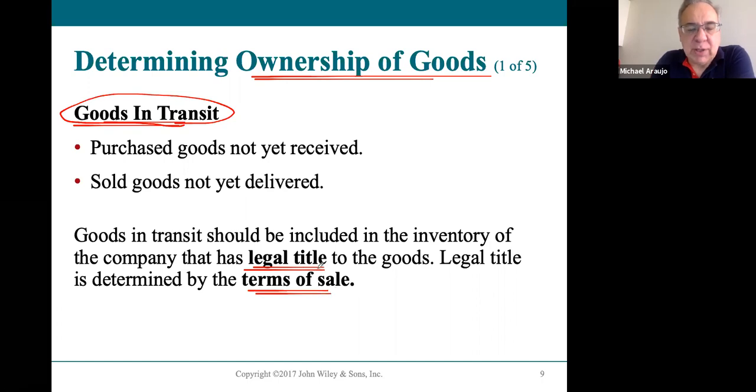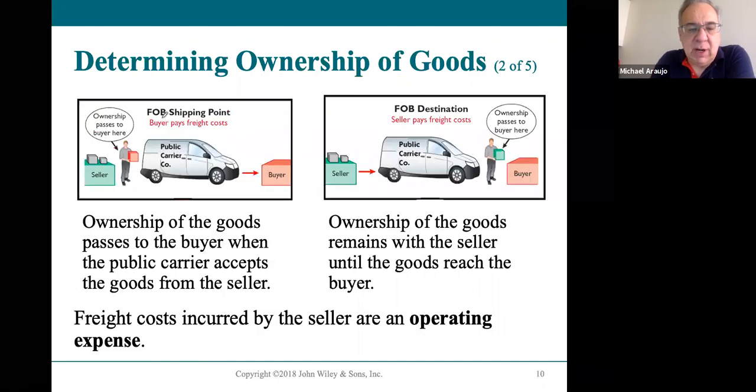And usually, most commonly, the term is FOB shipping, which means the ownership transfers once it gets shipped. Okay. Speaking of which, you've seen these before, FOB shipping point, FOB destination, how to determine who owns the merchandise.